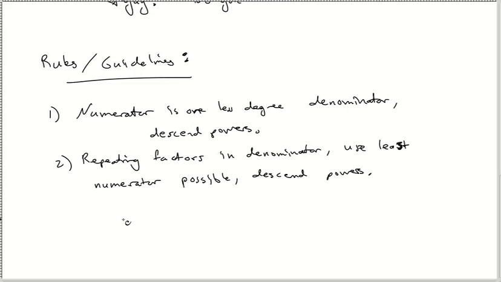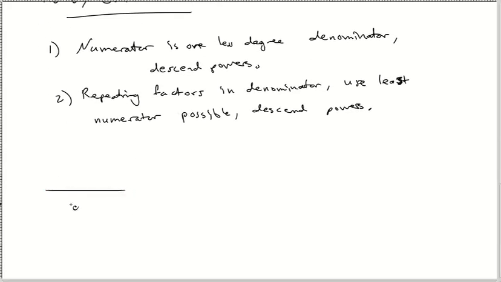Let me give you what these look like. I am hoping that you've seen this before, but I'm not assuming that you have it all. Say we have something like this, one of these partial fraction problems. The numerator will be one degree less than the denominator. Here we have a 2 power, and so here we have a 1 power.